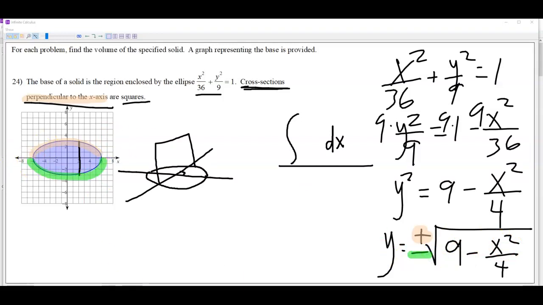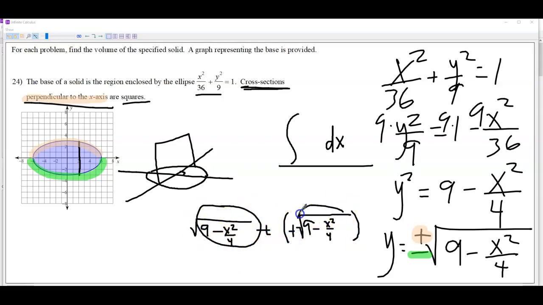And we're trying to find the distance between the top half and the bottom half, which means you're going to subtract the negative square root of 9 minus x squared over 4 from the positive version of the same thing. And we've seen this quite a few times before in the lesson, but you have double negatives there, and double negatives become positive. And when you add one radical to something that's exactly like it, that means you just have this.